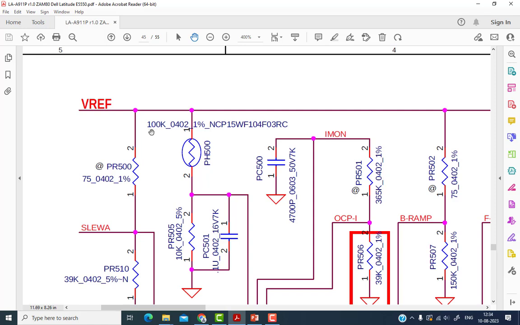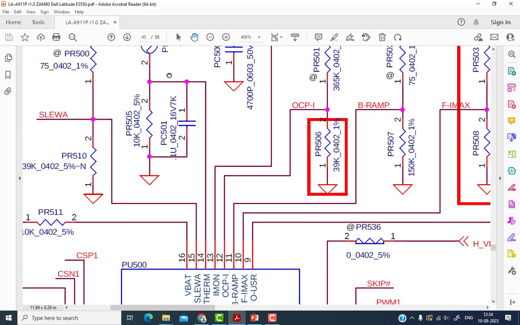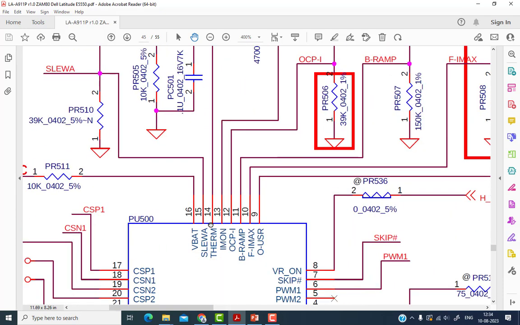The value of this thermistor is 100 kilo ohms, 1% tolerance. At normal temperature the value of this thermistor is 100 kilo ohms, and as soon as the temperature increases, the value of this NTC decreases. And this value goes to this pin, called THERM, pin number 13.